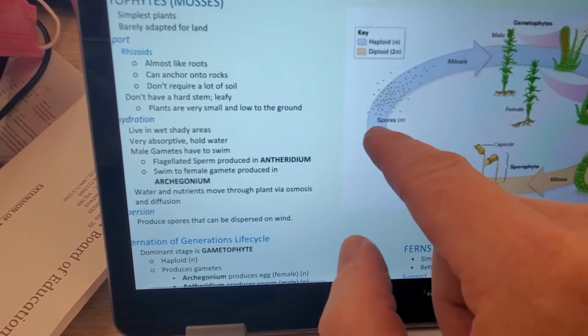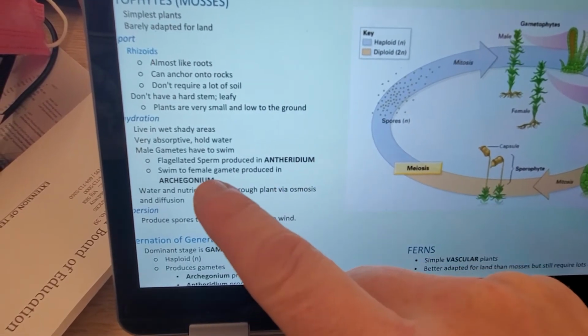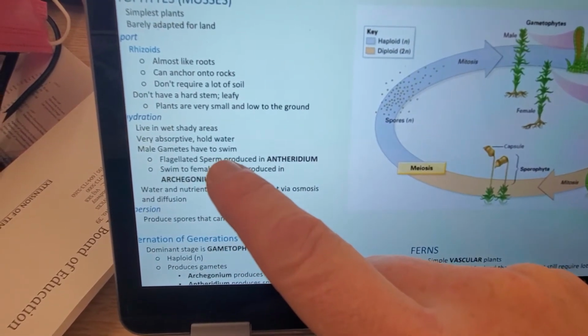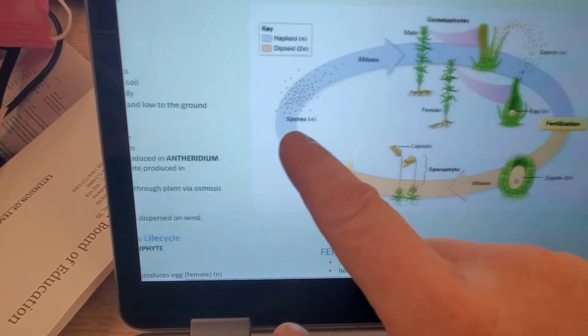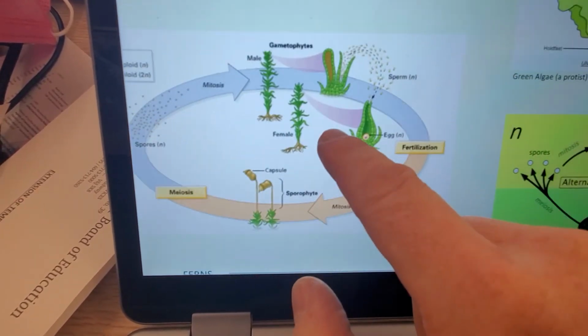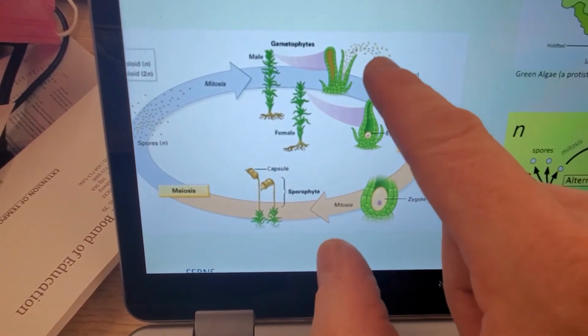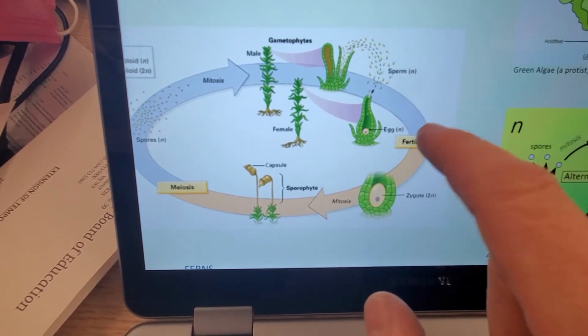The female will produce the gametes in an archegonium. Male will produce it in something called the antheridium. And the process that makes the sperm and the egg is meiosis.